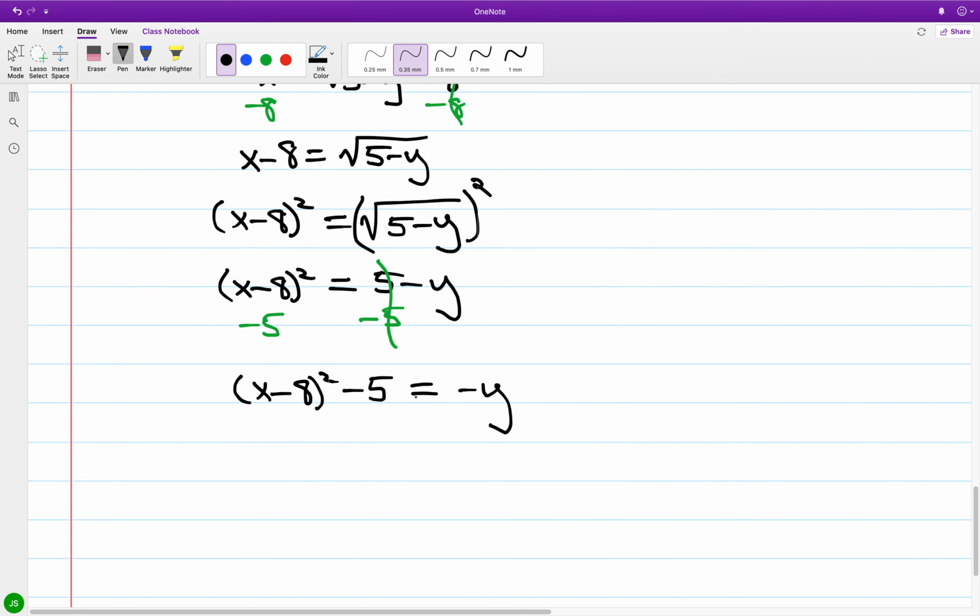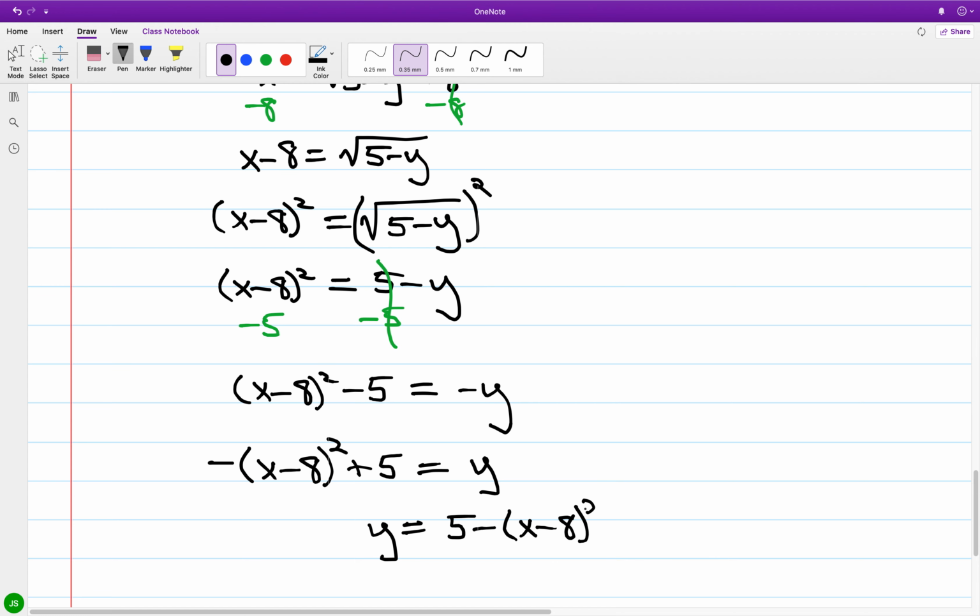And if I change the signs at both ends, whether through multiplying or dividing by negative 1, what is positive becomes negative and vice versa. And so it follows that y is equal to 5 minus the quantity of x minus 8 raised to the second.